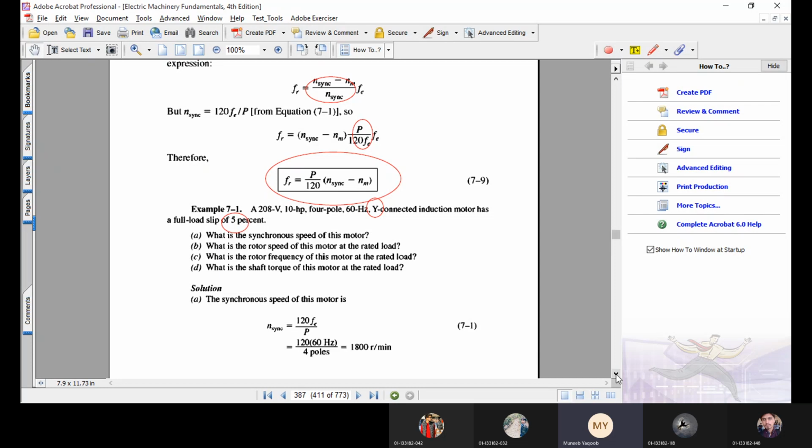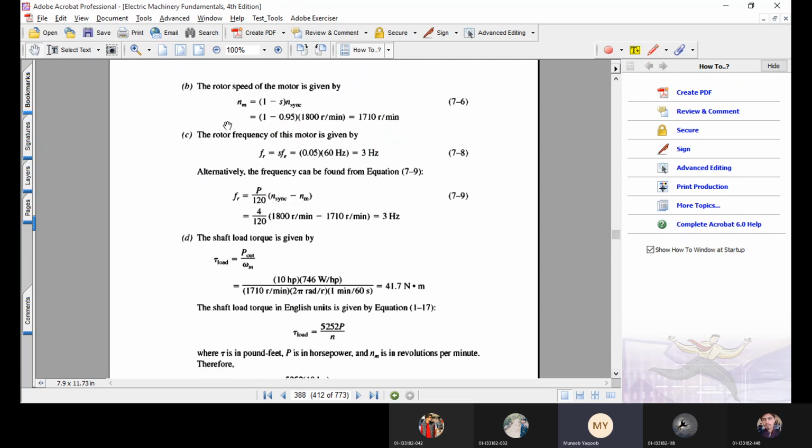So slip is 5%, and we used this equation to calculate the rotor's mechanical speed. 1 minus 0.05 multiplied by synchronous speed is equal to the rotor speed. Here they have made a typing mistake: they have written 0.95 mistakenly.